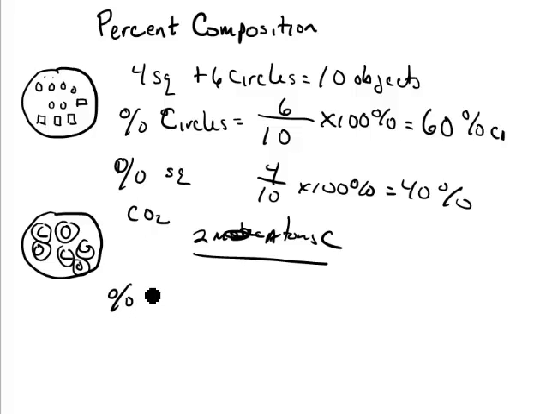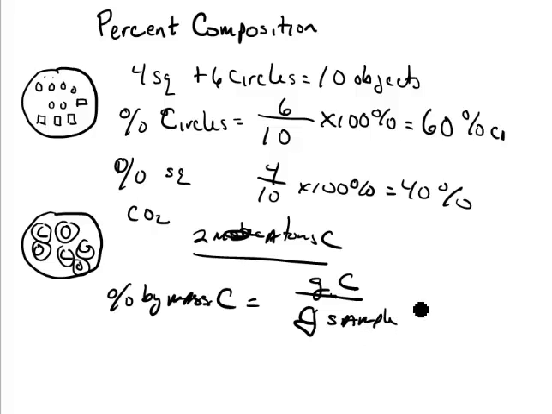So if we're saying percent, and it's by mass is what we're talking about here, of carbon, we're going to say how many grams of carbon in grams of the sample. Equals grams of carbon over grams of the sample total.